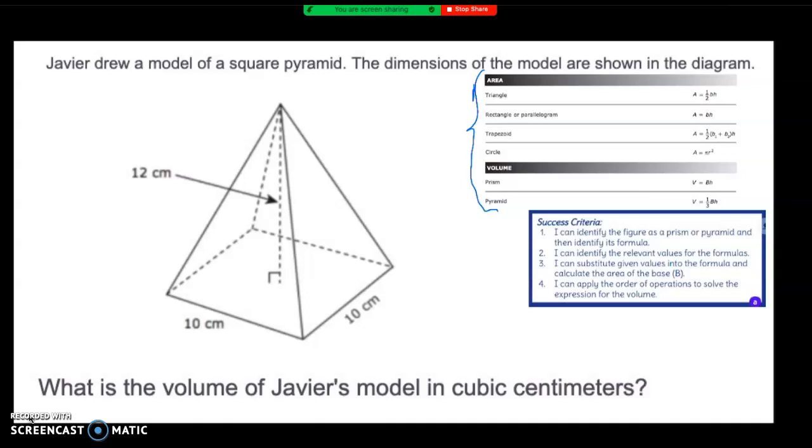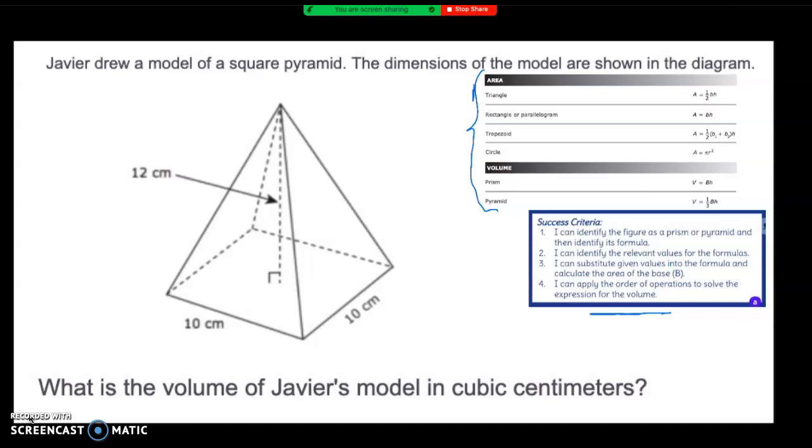And then right down here, I put in the success criteria. It's the same one we used yesterday. It's no different, so we're going to continue using that today. So if we go to the first step of our success criteria, it states, I can identify the figure as a prism or a pyramid and identify the formula.